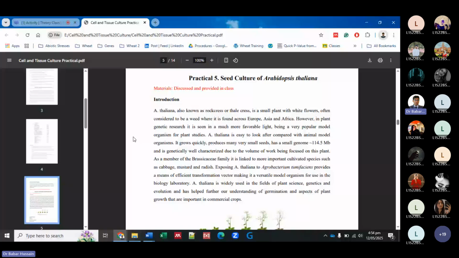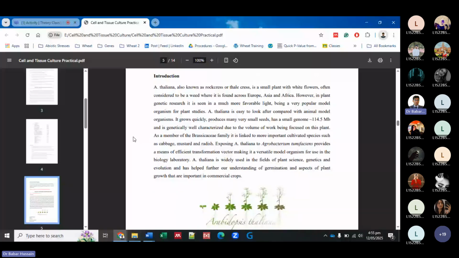And then this plant grows very quickly and gives seeds in 10 to 12 weeks, which is almost half of the time required by major plants to give seeds. And finally, the transformation protocols for these plants have been optimized, and can be used for genetic studies.